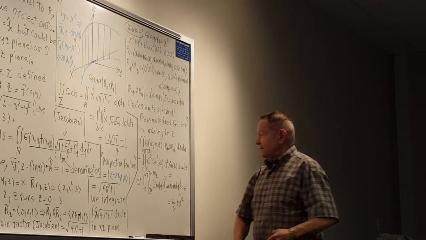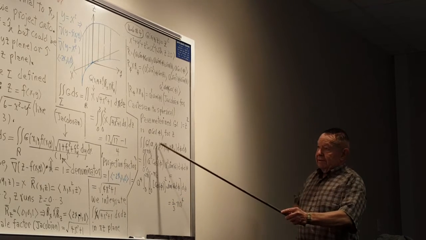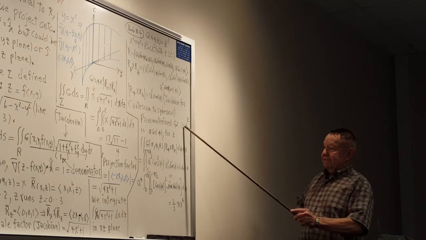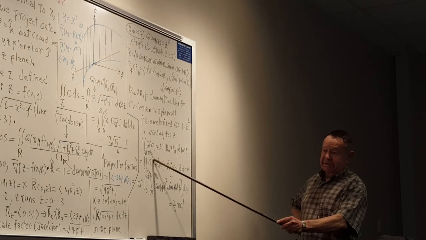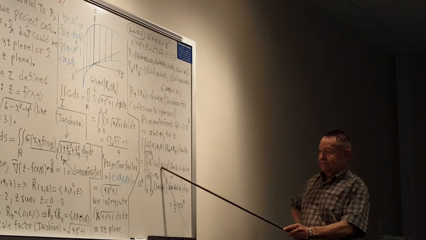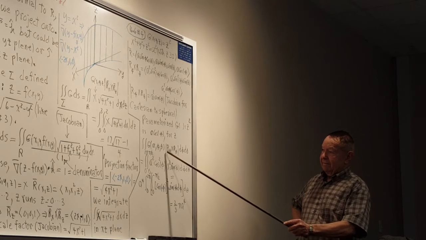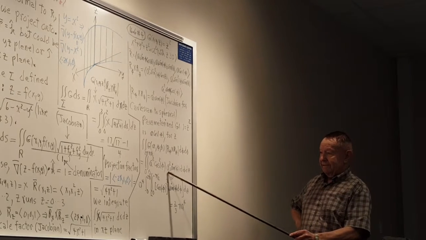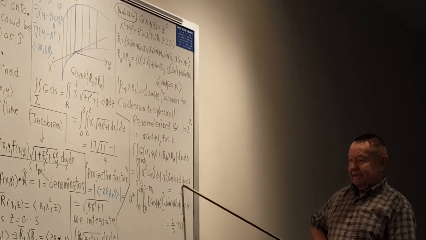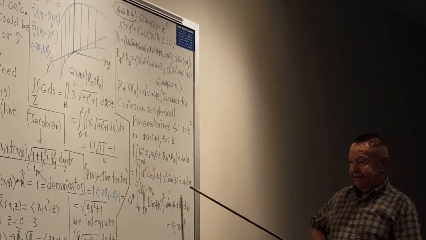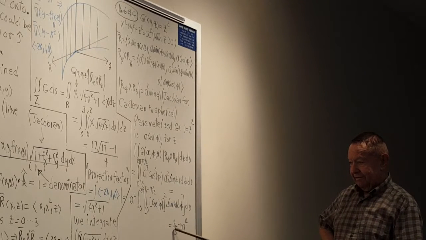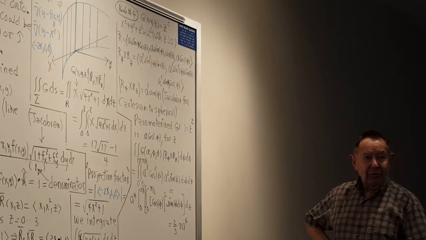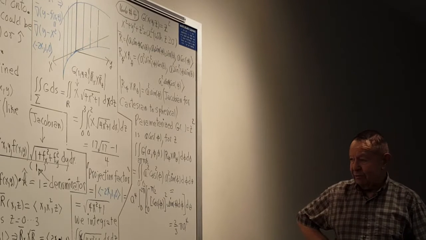So then your z square is a cosine phi, the quantity square. So here's your z square, and then your magnitude of your cross product is here, and then you integrate with d phi and d theta. So you do this integral, and you get 2/3 pi a to the 4th, which is what the book says that it is.